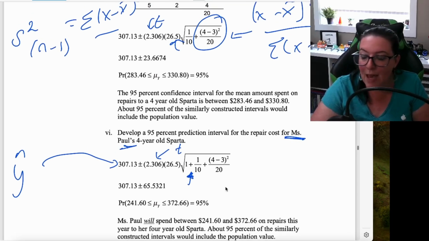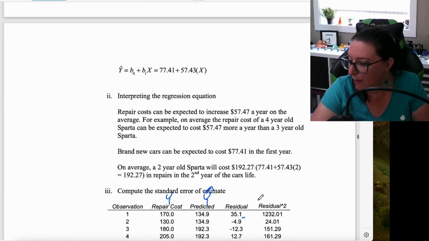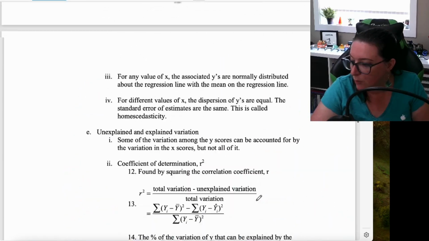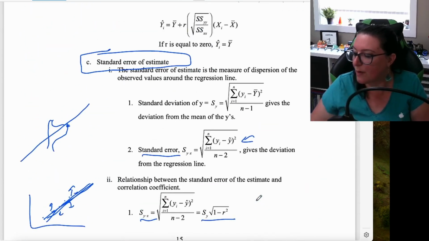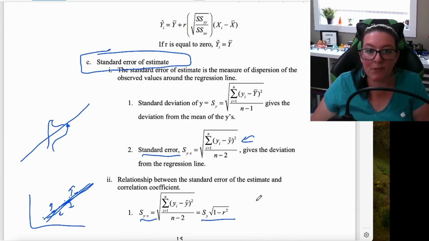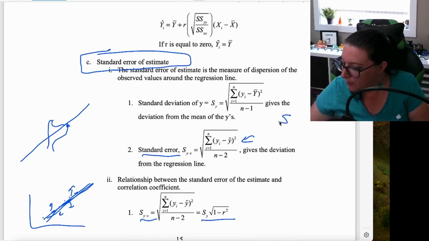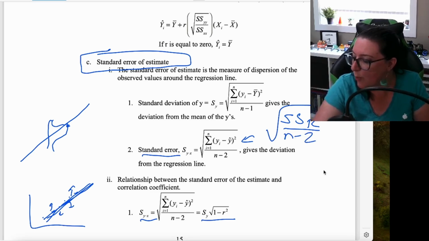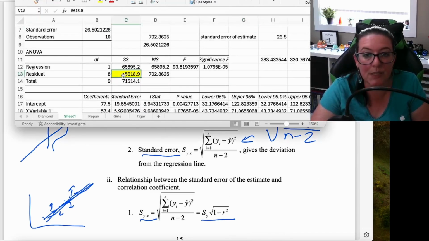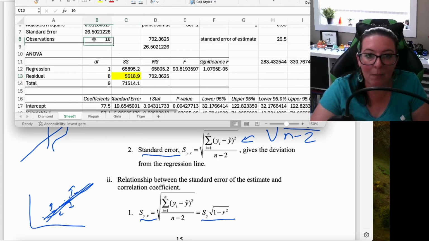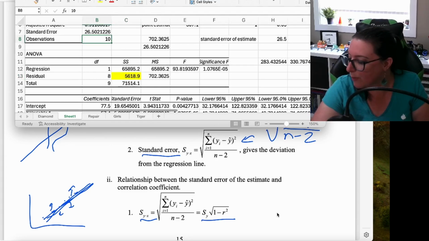To find the standard error of the estimate, you'll remember we needed the sum of squares for the residual divided by n minus 2, and then the square root. So we went in and found the sum of squares for the residual in Excel, divided by n minus 2 and took the square root.